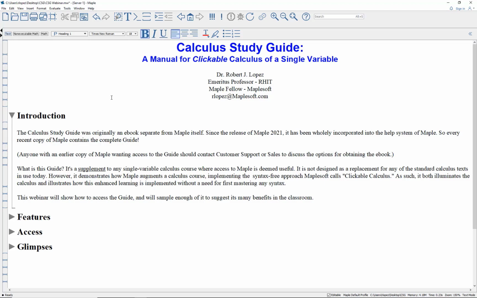Immediately, the question comes up, well, what about somebody with an earlier copy of Maple who might want access to the guide? And I have been instructed to say those people should contact customer support or sales to discuss the options for obtaining the ebook. Used to be you would go to the Maple bookstore online and order it through that medium.